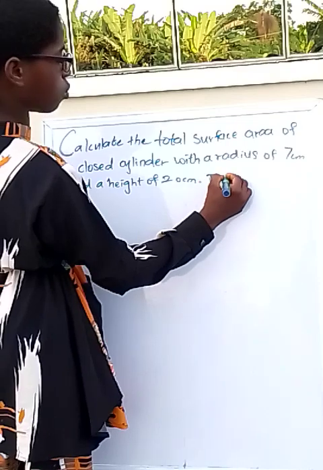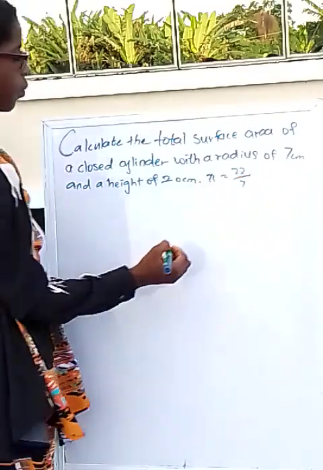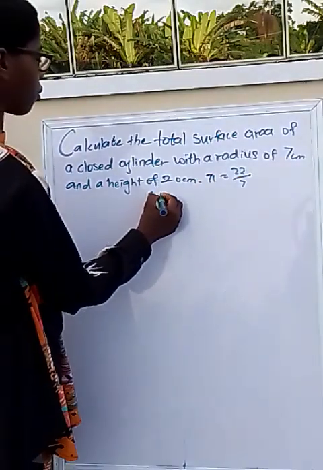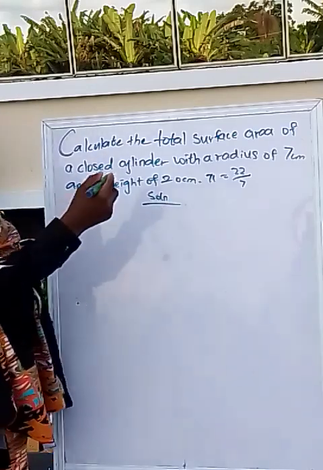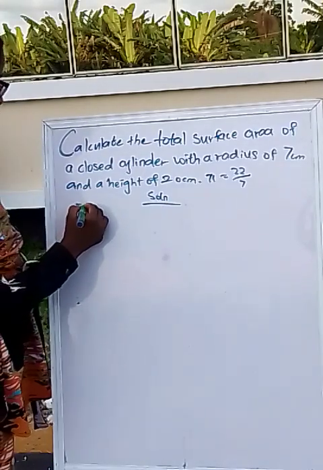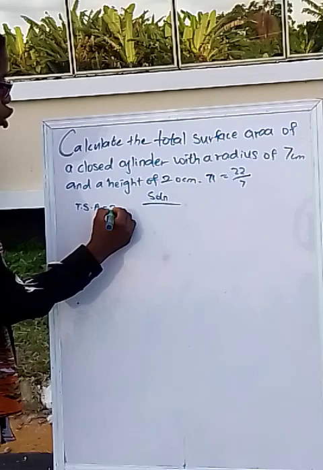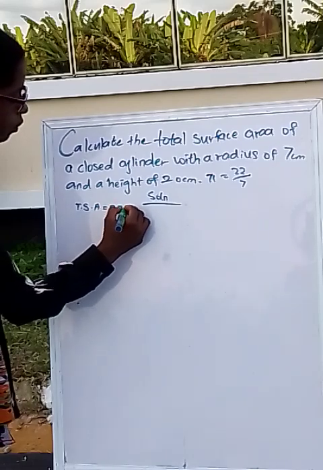Solution. The formula for calculating total surface area is 2 pi r squared plus 2 pi r h.